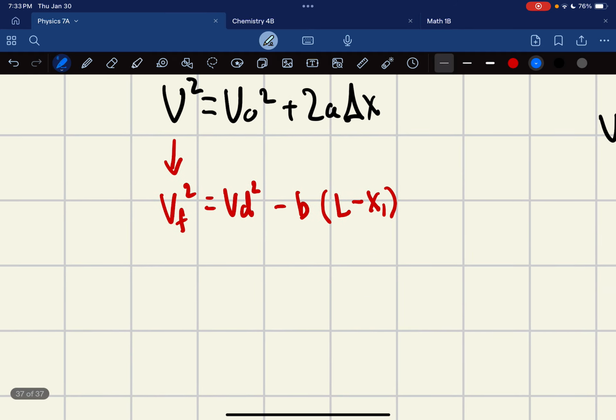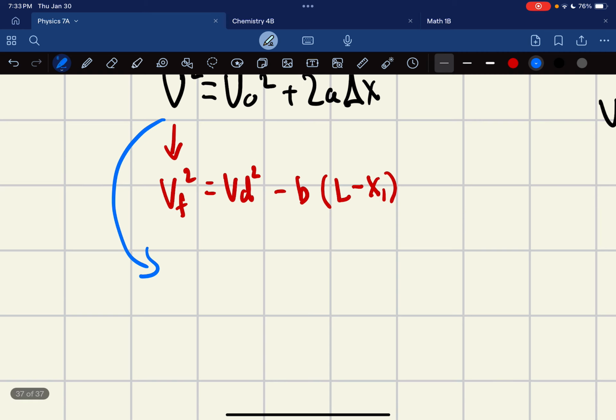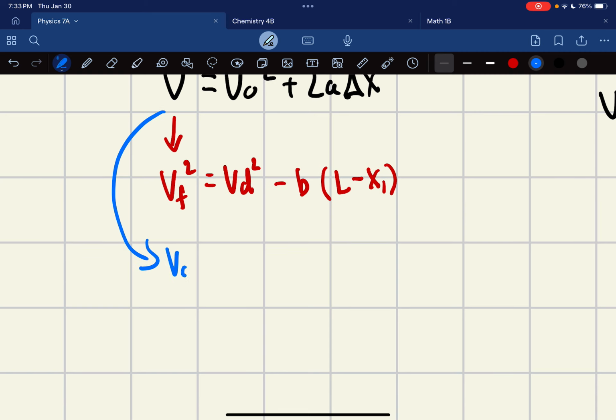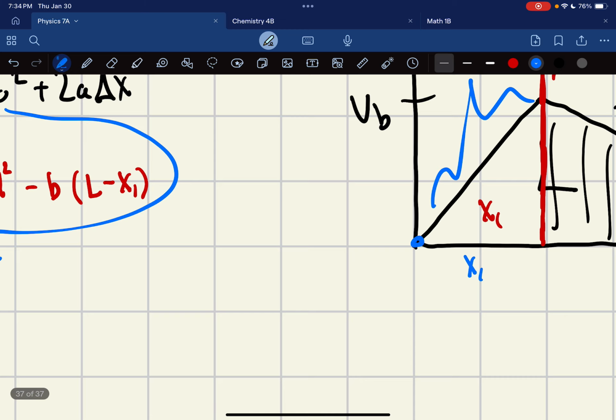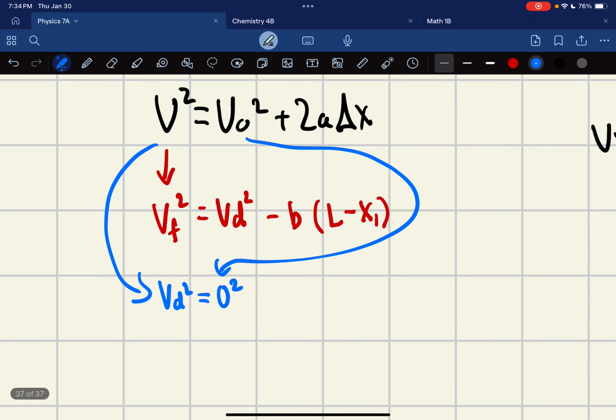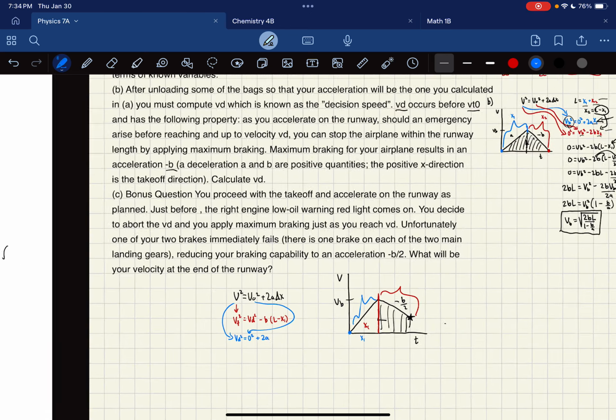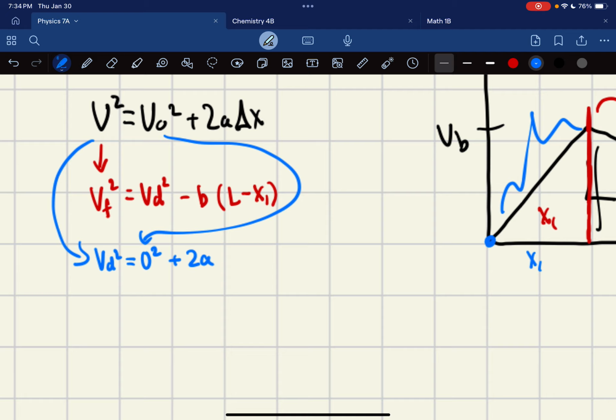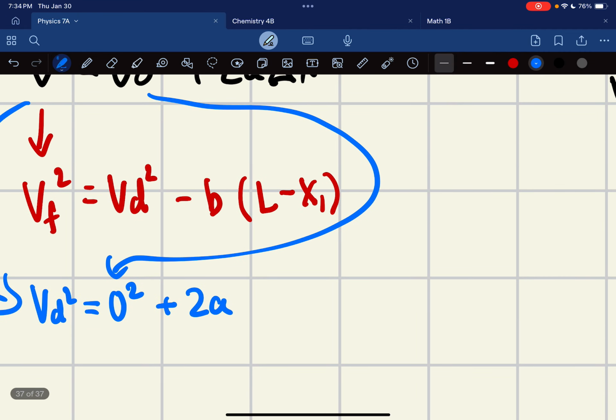We have v squared, so our final velocity should be VD squared on this part. This is equal to the initial velocity, which is 0 because we're starting from rest, plus 2 times the acceleration, which is just A, the same A that we solved for in part A, confusing, I know, times the change in position, x1 minus 0, which is just x1.